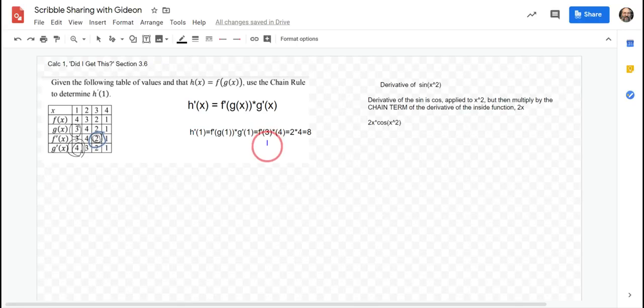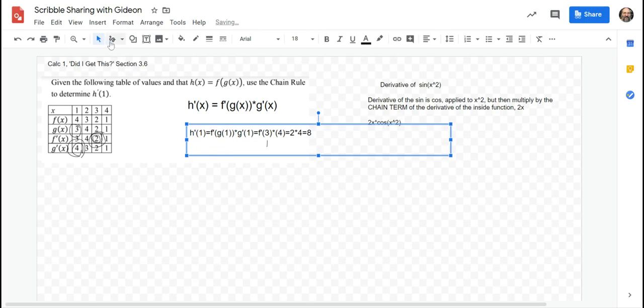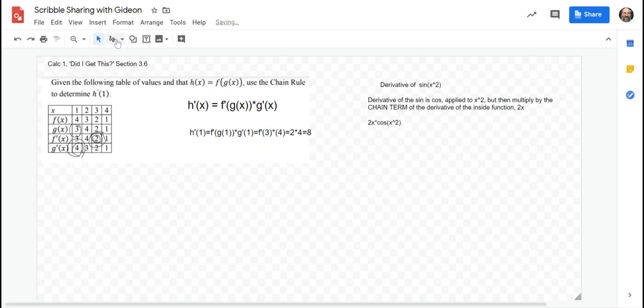This is the first computation, finding g of 1. Finding g prime of 1 was our second computation. Let me correct my slight errors here. The first computation was finding that g of 1 is 3.